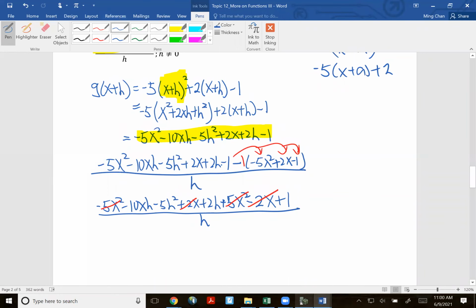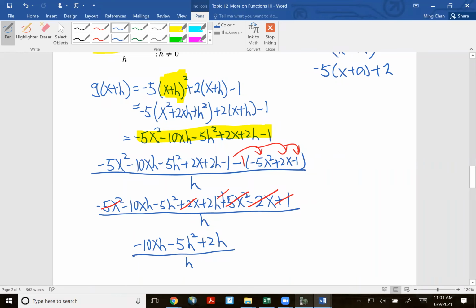Did I miss something? Oh, negative 1. I missed my negative 1 right here. Sorry, 2h minus 1. I didn't write this term right here. So this negative 1 and positive 1 should cancel out too. All right, so the only thing left on top is basically negative 10xh minus 5h squared plus 2h over h.